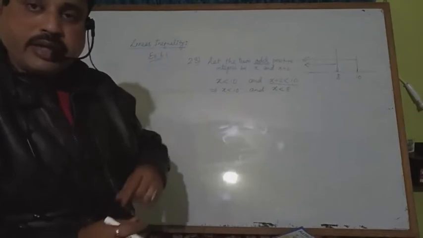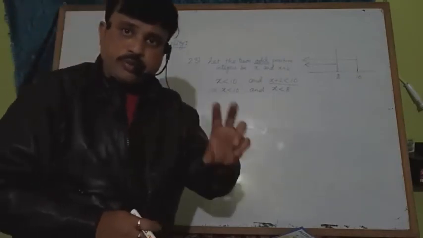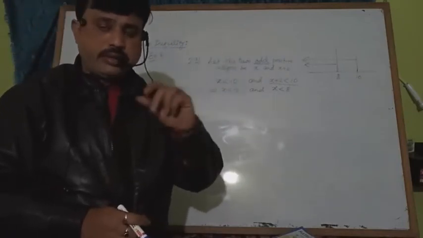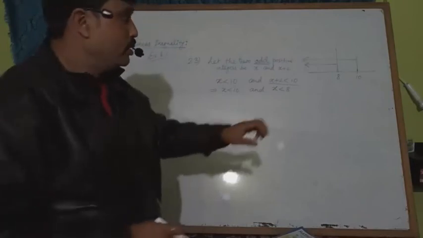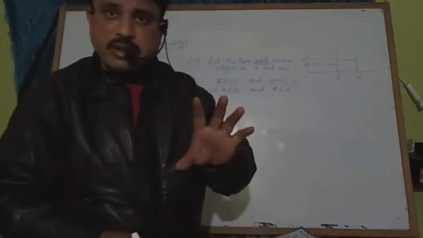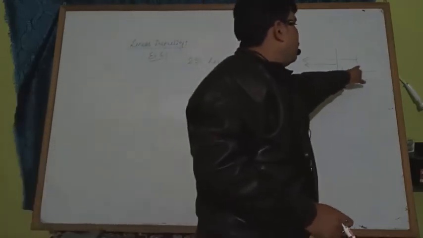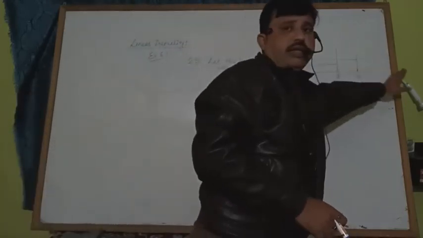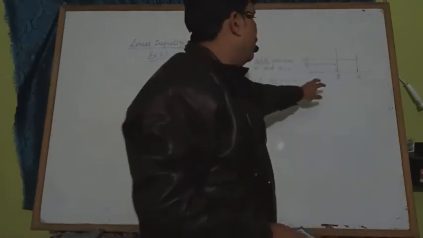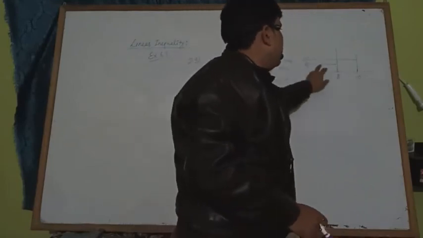Now you have to take that part where both are present. It means you should take that particular part which is satisfied by both. If I take this part, greater than 10, you will find that it does not satisfy both the conditions.